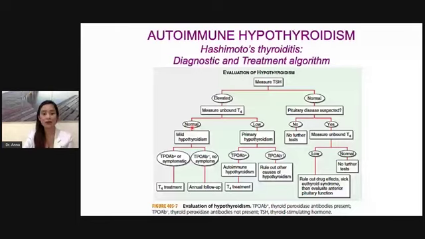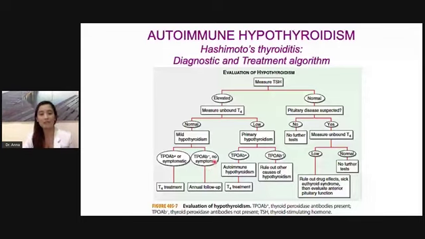So that's your mild hypothyroidism. You check your anti-TPO. If the TPO is positive and the patient is symptomatic, you can do low dose levothyroxine replacement. If the antibodies are negative and there are no symptoms, you just follow up. You just repeat the thyroid function test.